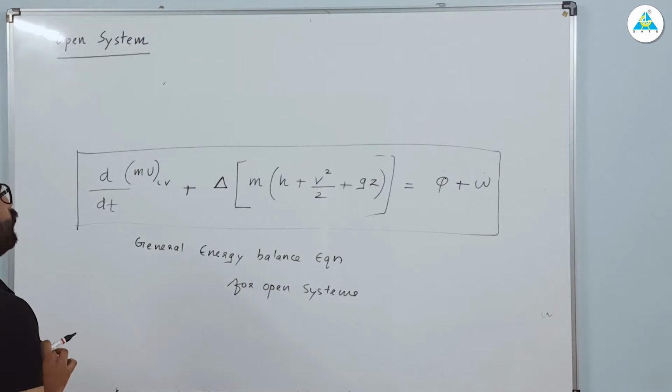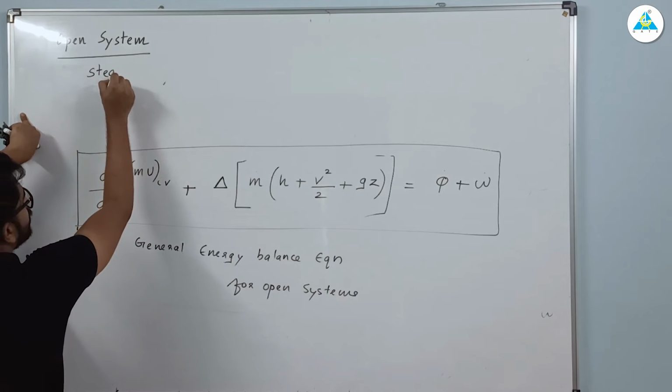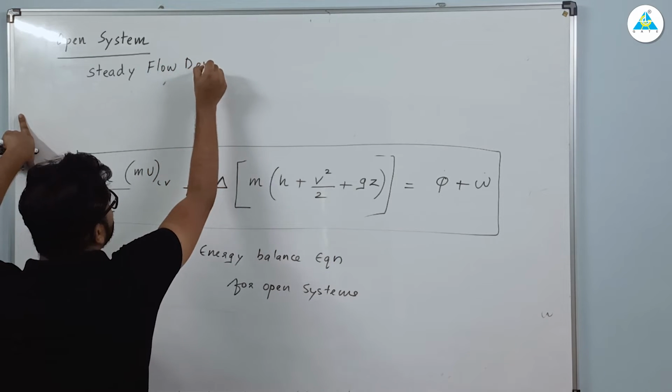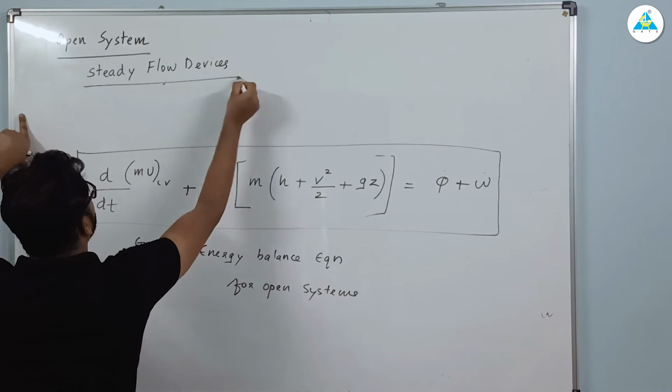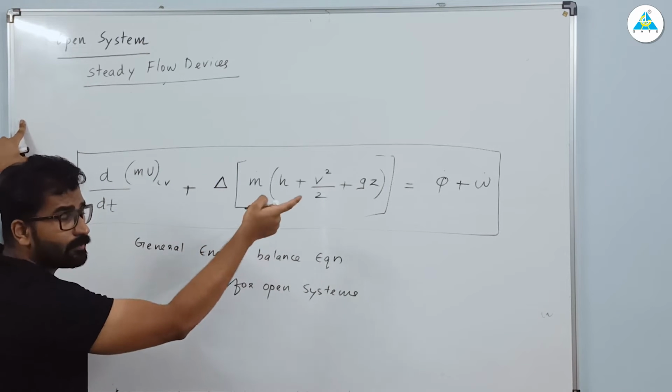Done. Now, what will be the equation if it is a steady flow device? What is a steady flow device? We will discuss later with examples. For steady flow devices, the d by dt term will be cancelled. So del is your outlet minus inlet.